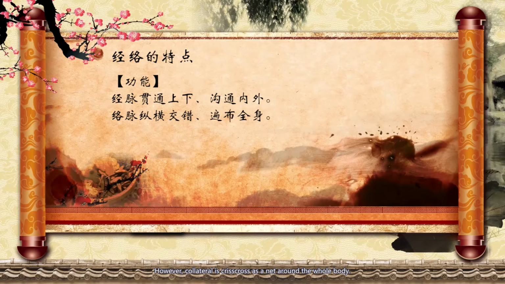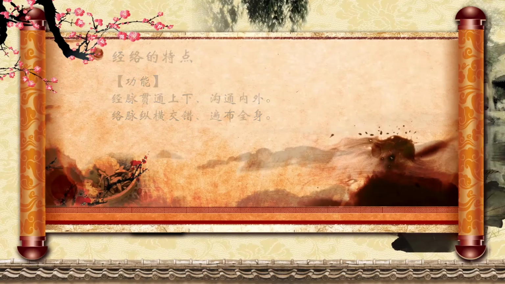However, the collectory is crisscrossed like a net around the whole body. It supplies the function of the system and serves as a bond and irrigation to the circulation of qi and blood. Its function is to contact the places where the meridians cannot reach.